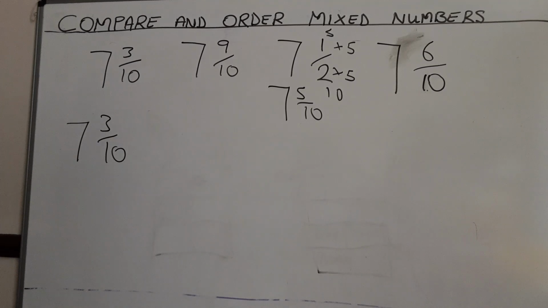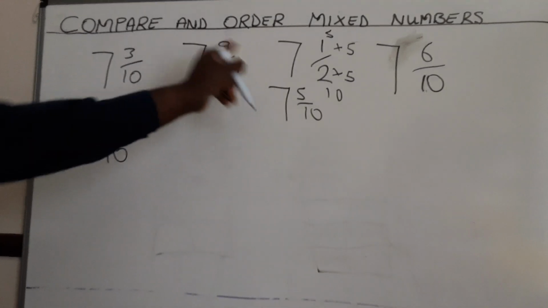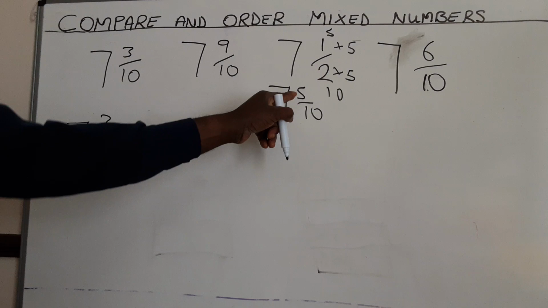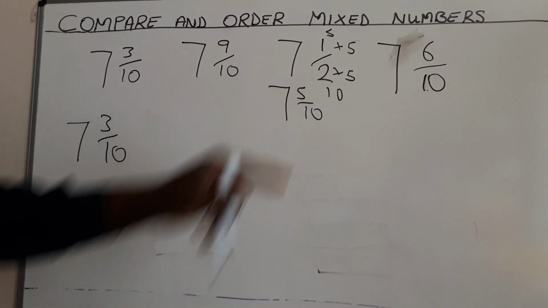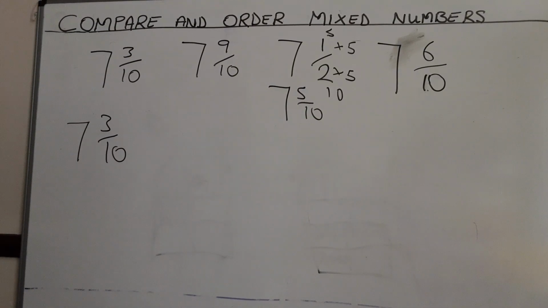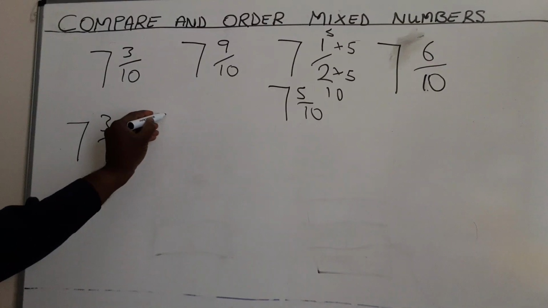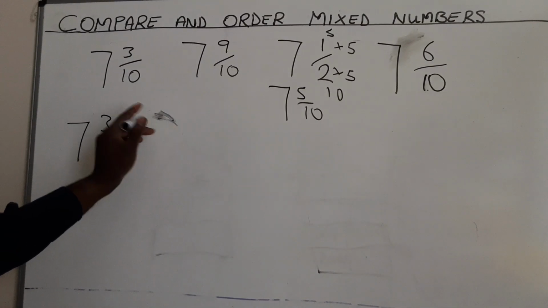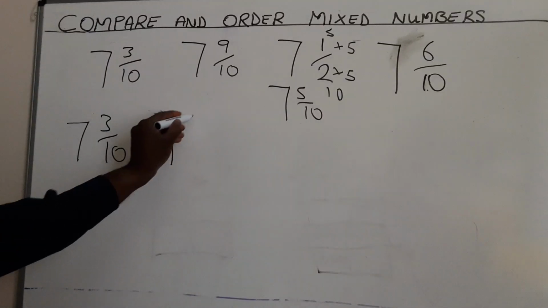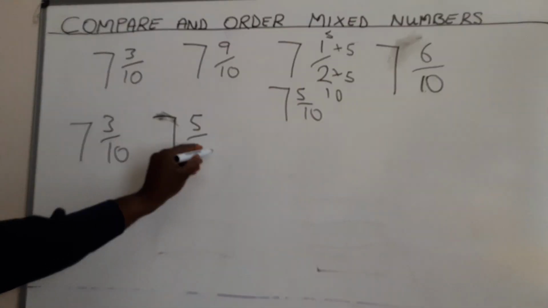Then we move on to the next one. When we compare, we can see that the numerator 5 is the smallest, so the next one is going to be 7 whole and 5 over 10.